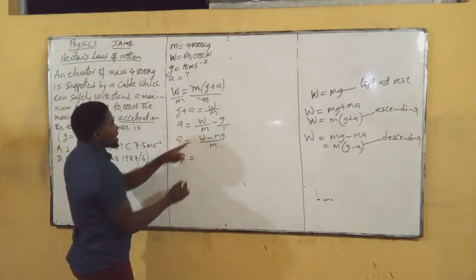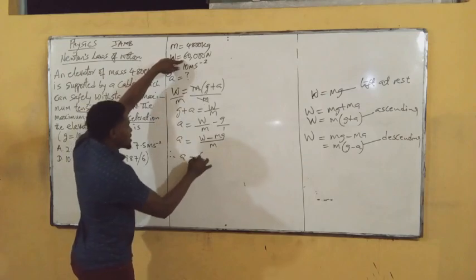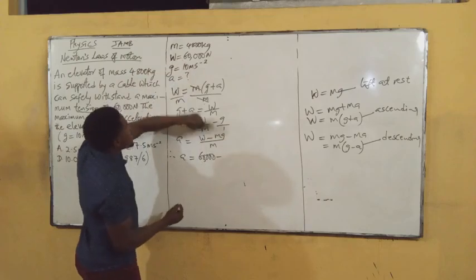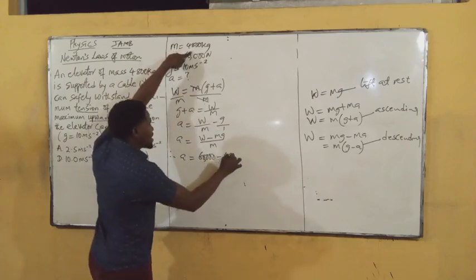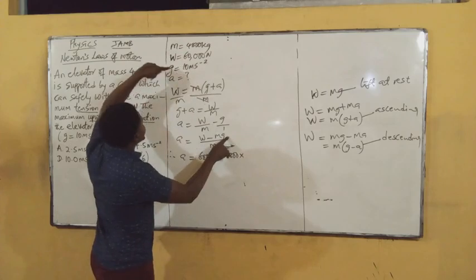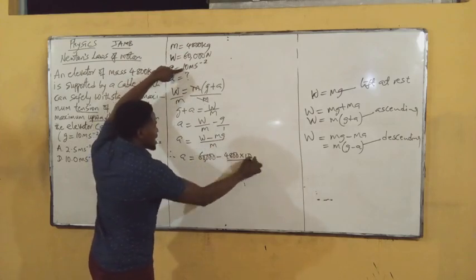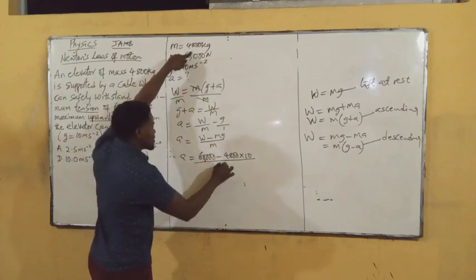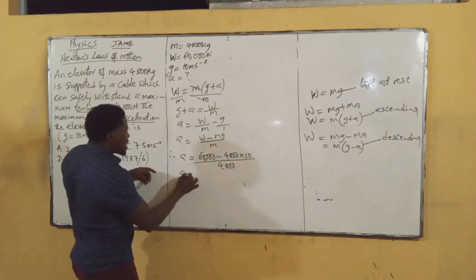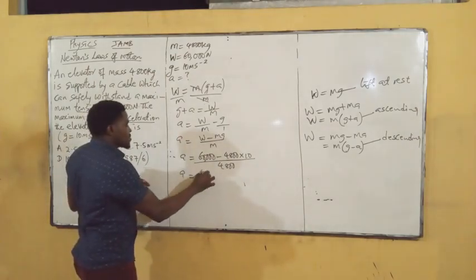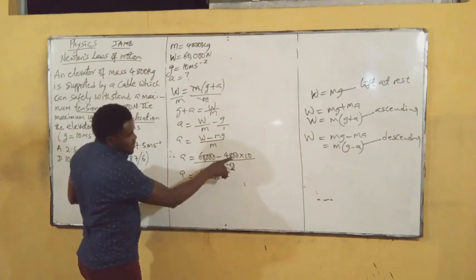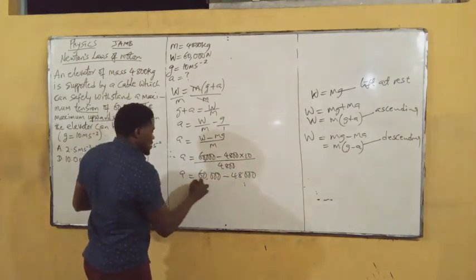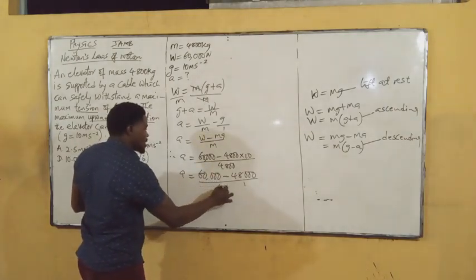Therefore, a is equal to, my W here is 60,000, minus my m, which is 4,800, times my g, which is 10, all over my m, which is 4,800. So what do I have here? My a will now give me 60,000 minus 4,800 times 10, which gives me 48,000, then divided by 4,800.